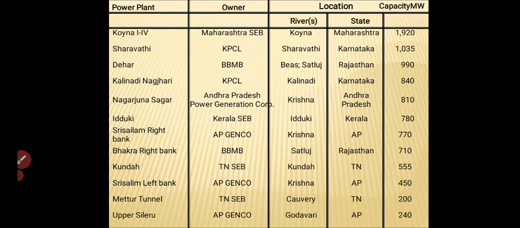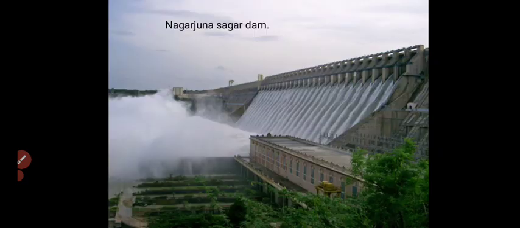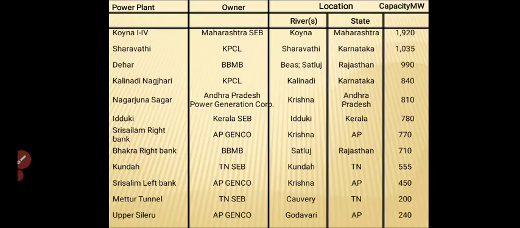The last one is Upper Sileru, located in Andhra Pradesh on the Godavari river, with a capacity of 240 megawatts. These are the different hydel power plants located in India.